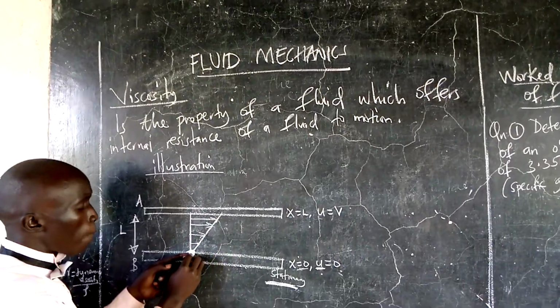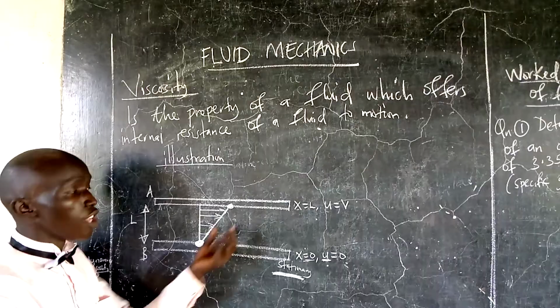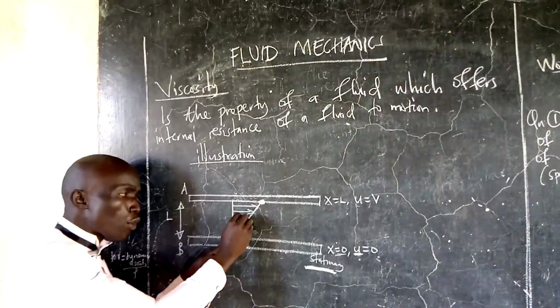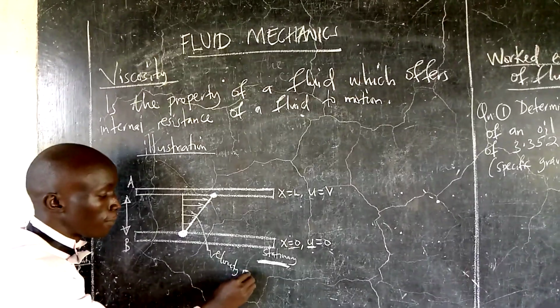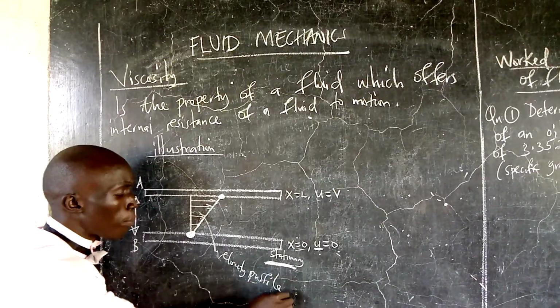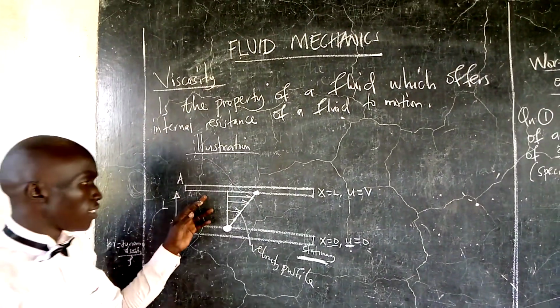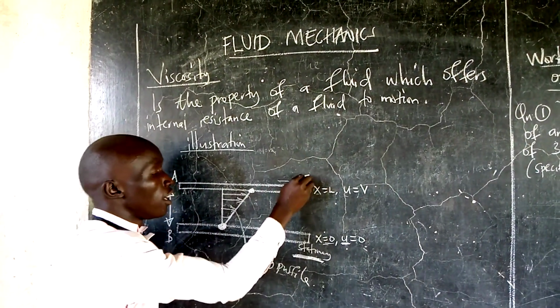Here it is 0, but when it comes up here it's maximum. So here the velocity is maximum, here the velocity is 0. This is called the velocity profile.